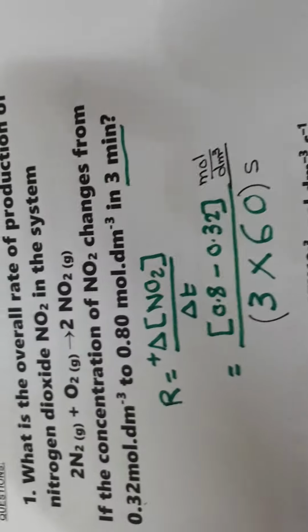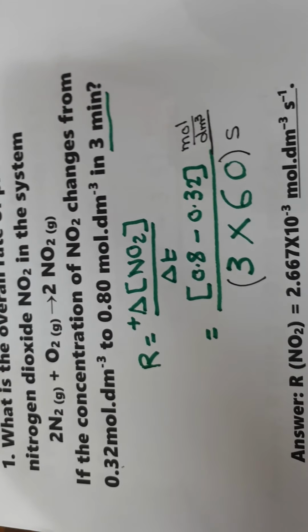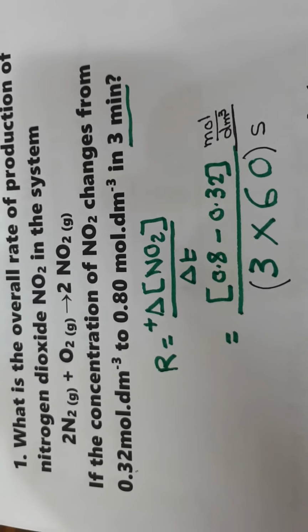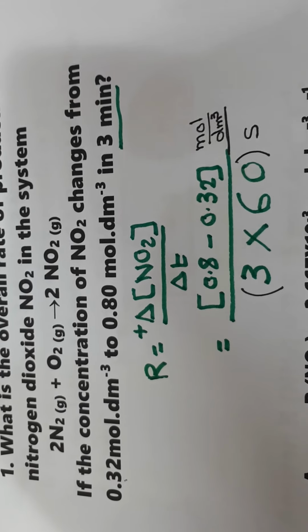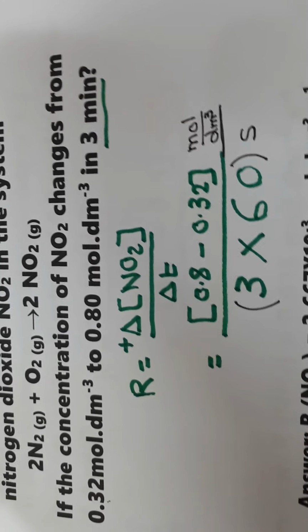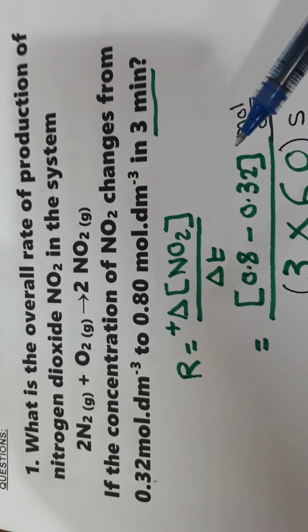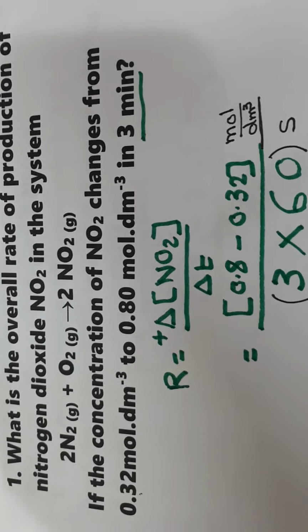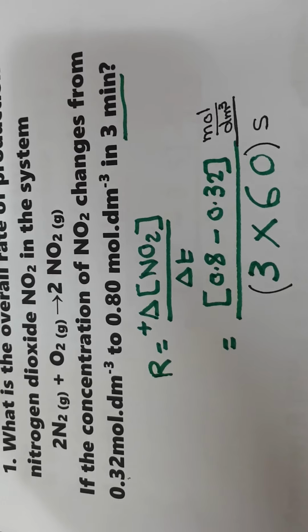How do we calculate the rate of reaction? By using the change in concentration. You must observe 2 points, depending on the reactant or a product, and the units of the time. If the time is in minutes, change it to seconds. In this example, what is the overall rate of production of nitrogen dioxide? The concentration changes from 0.32 to 0.80.